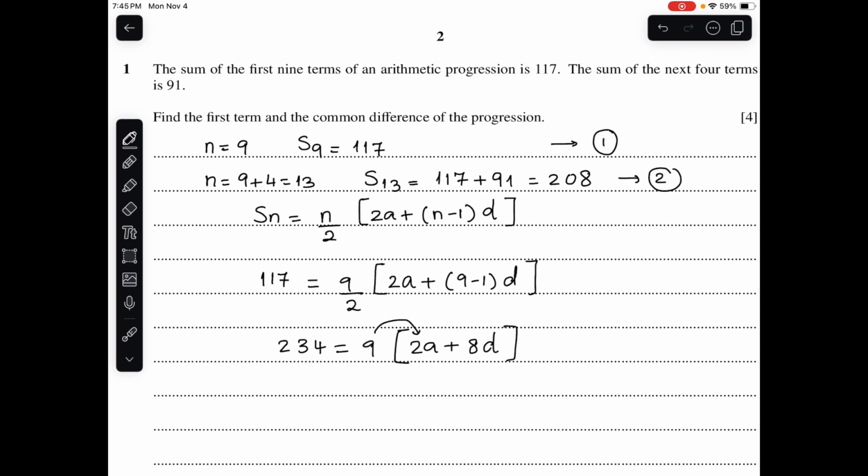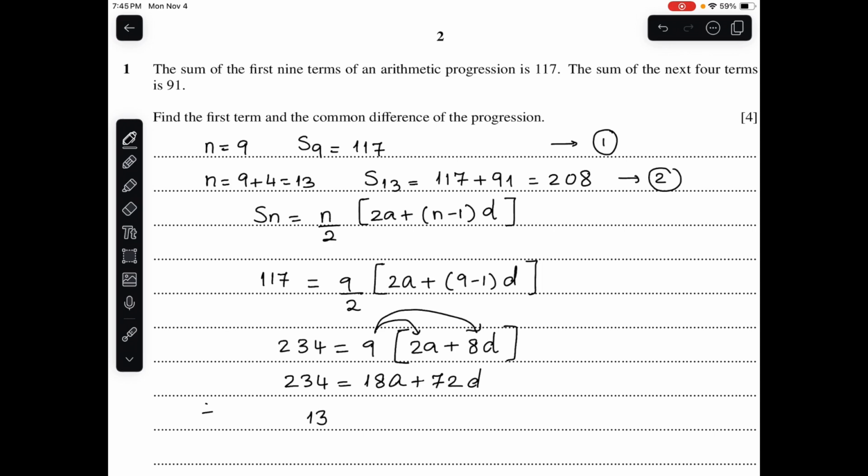Expand the bracket, that gives me 234 equal to 18a plus 72d. I want to check if I can simplify it. So I'm just going to check if all these terms are divisible by 18. They are. 234 divided by 18 gives me 13.